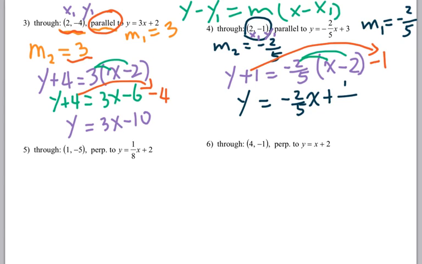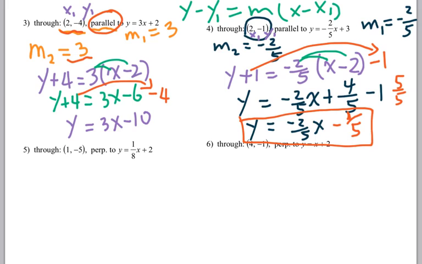Negative 2 times negative 2 is 4 over 5, minus 1. Then I can change 1 into 5 over 5. So you will get y equals negative 2 over 5x minus 1 over 5. Yeah, that's the solution.